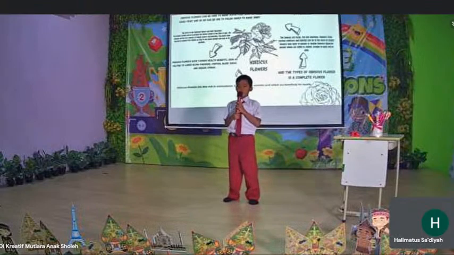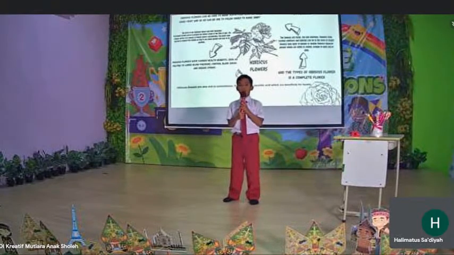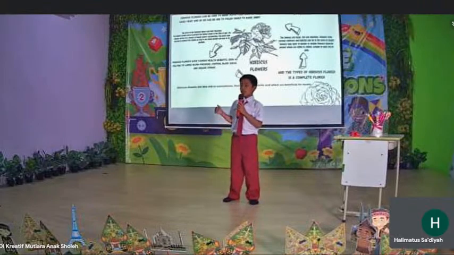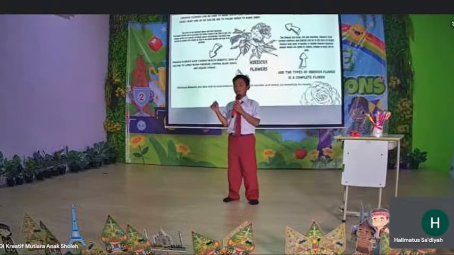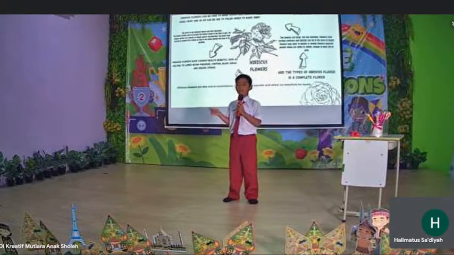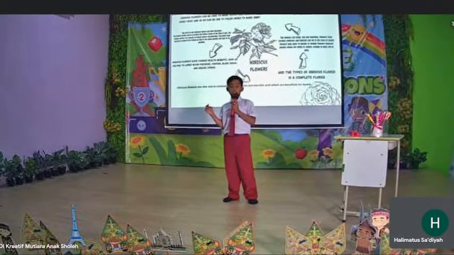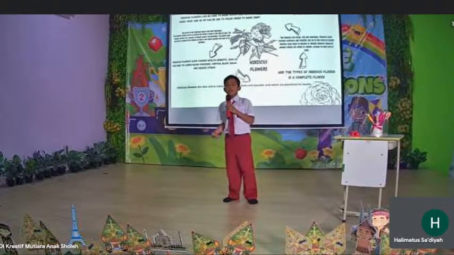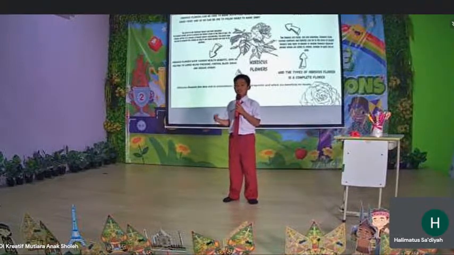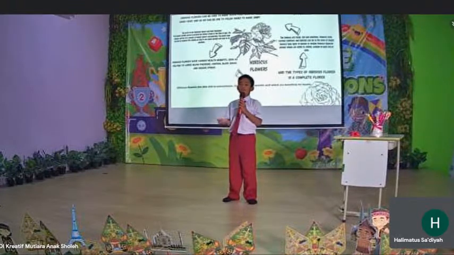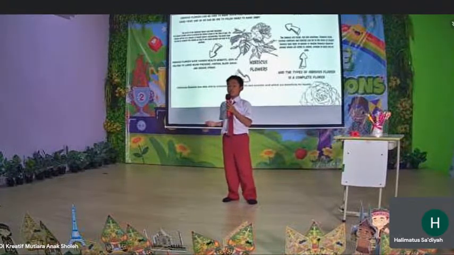And hibiscus flower has various health benefits, such as lowering blood pressure, the second is to control blood sugar, and the third is to reduce stress. Hibiscus flowers are also rich in antioxidants.